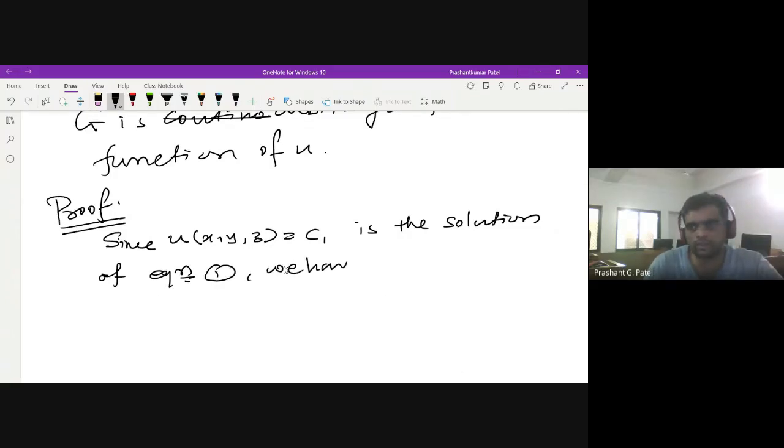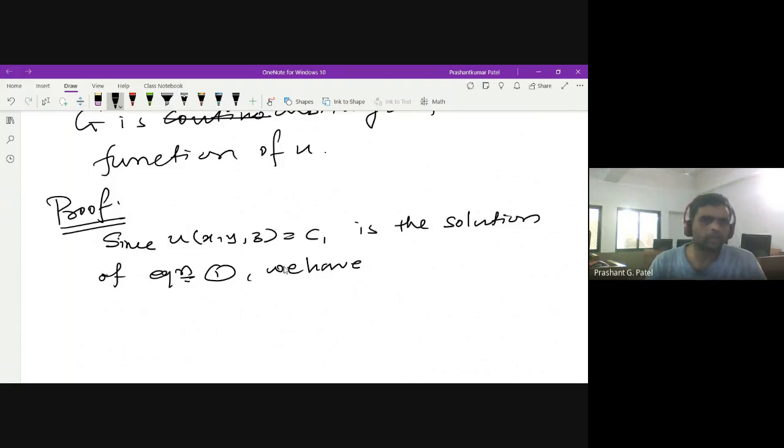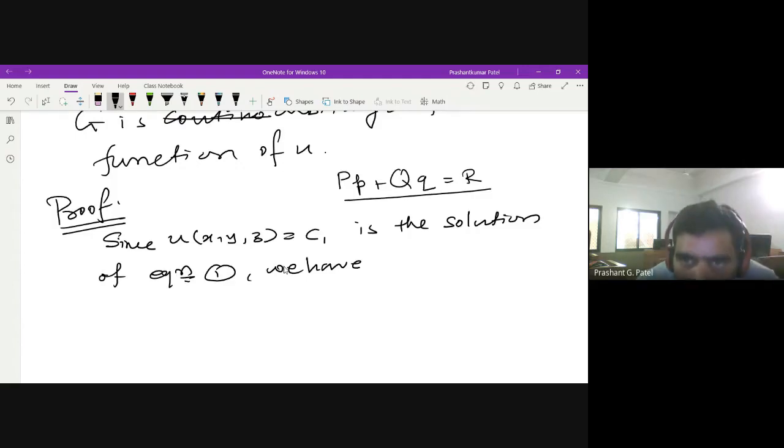Since it is a solution of equation 1, it will satisfy equation 1. What is equation 1 we have? Equation 1 is capital P into small p plus capital Q into small q equal to R. This is our quasi-linear equation.